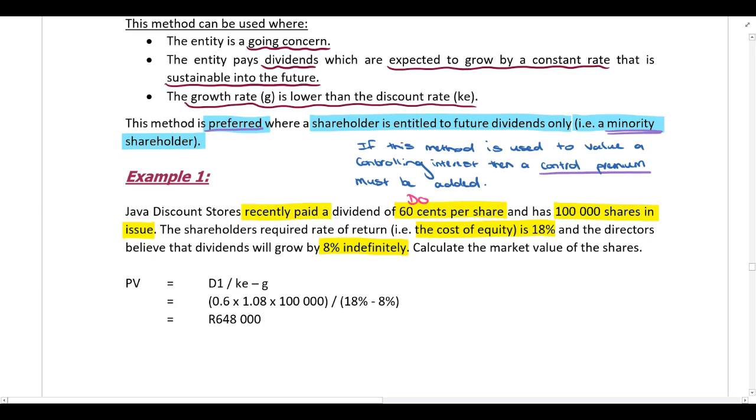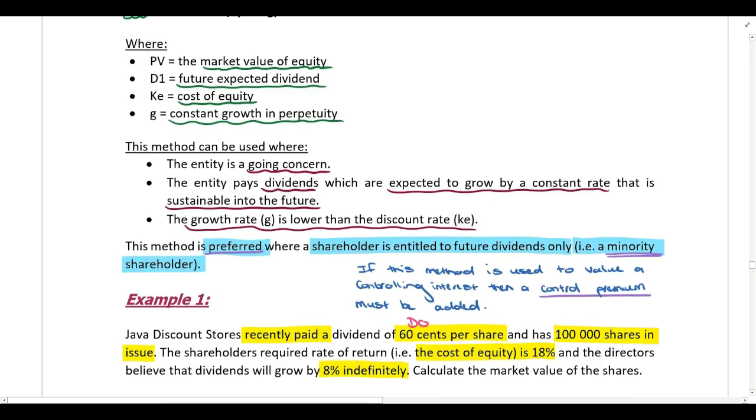So if they are growing by 8% indefinitely, that means we have constant growth in perpetuity. Also, you can see the growth rate of 8% is lower than the discount rate, so we can use this method in order to calculate the market value of equity.